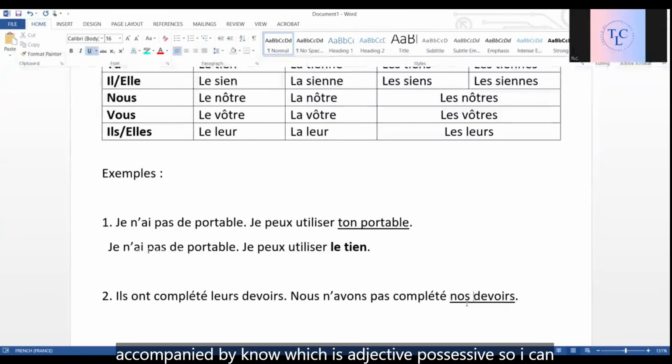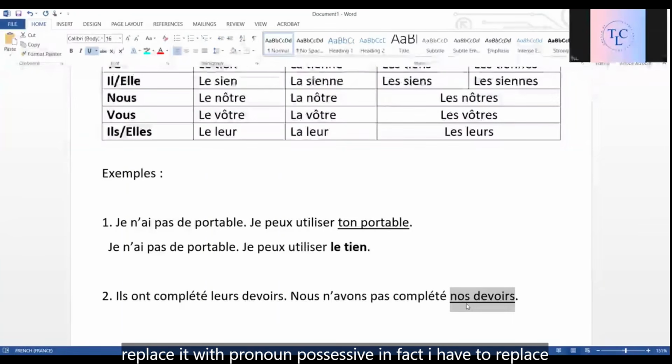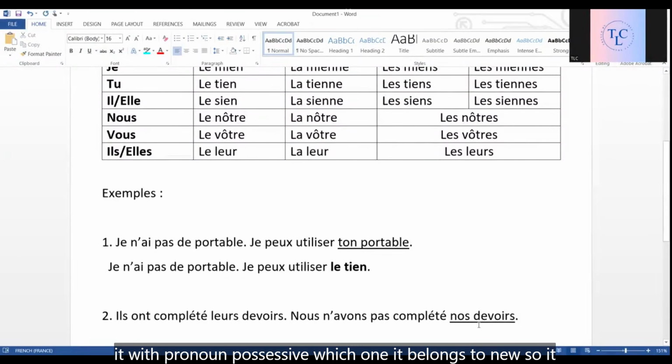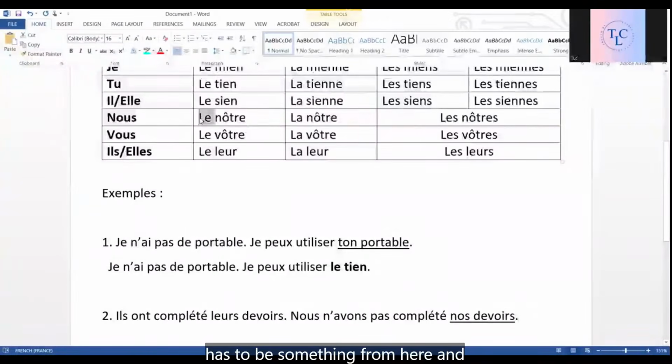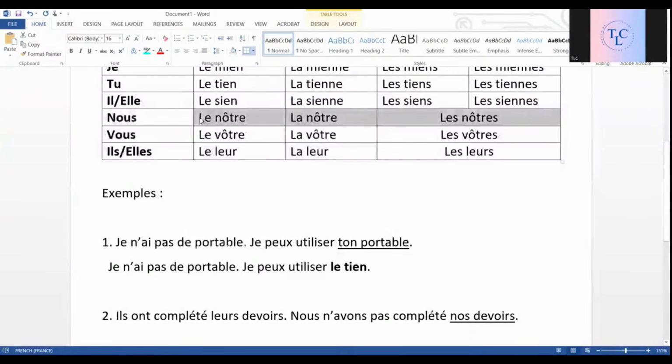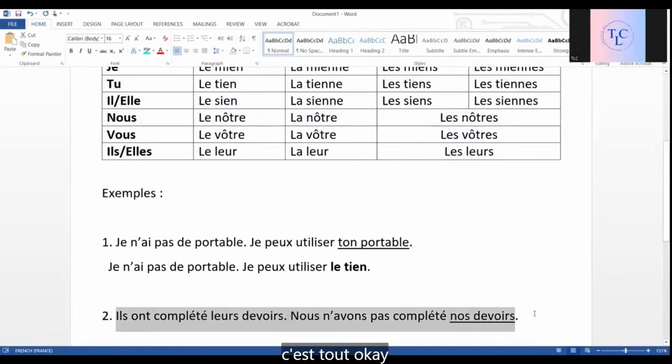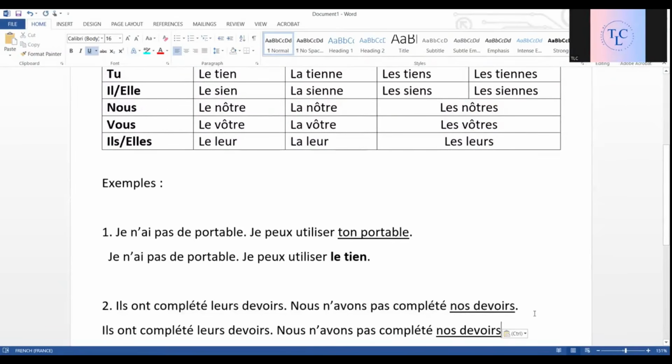So it is accompanied by nos, which is an adjective possessive. So I can replace it with a pronom possessif. In fact, I have to. Which one? It belongs to nous. So it has to be something from here. And devoir, you can see it is pluriel. So we'll use les nôtres. Voilà, c'est tout. So it will be les nôtres.